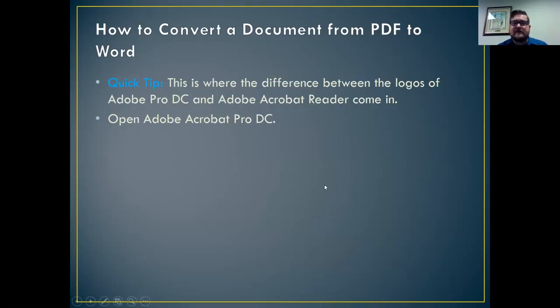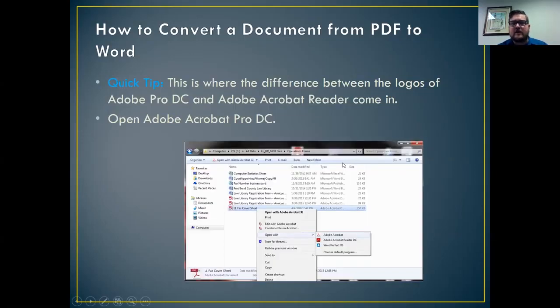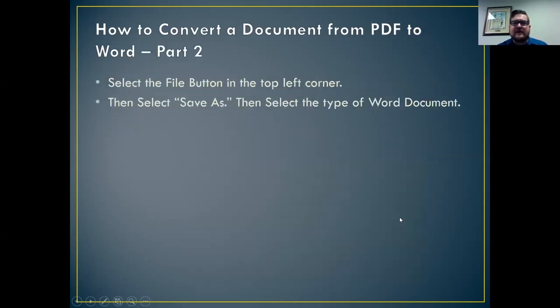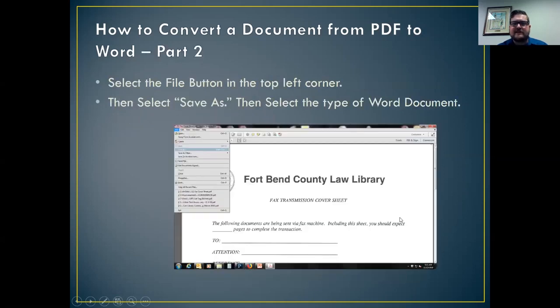So you can open it in PDF, or you can right-click on it like it is here and hit Open With, and you're going to want to select the Adobe Acrobat with the white logo. And then once you do that, again, your File button, again, top left corner, do Save As. And then you'll be able to change the file format there at the bottom and select Word document.